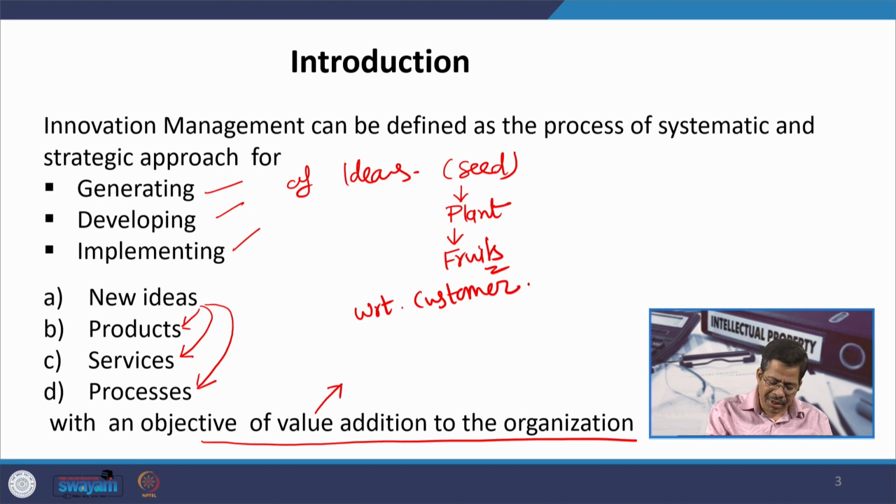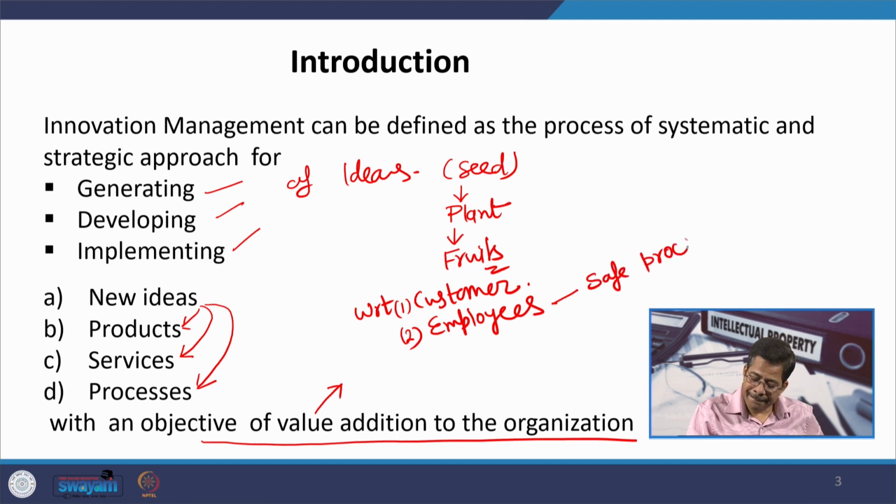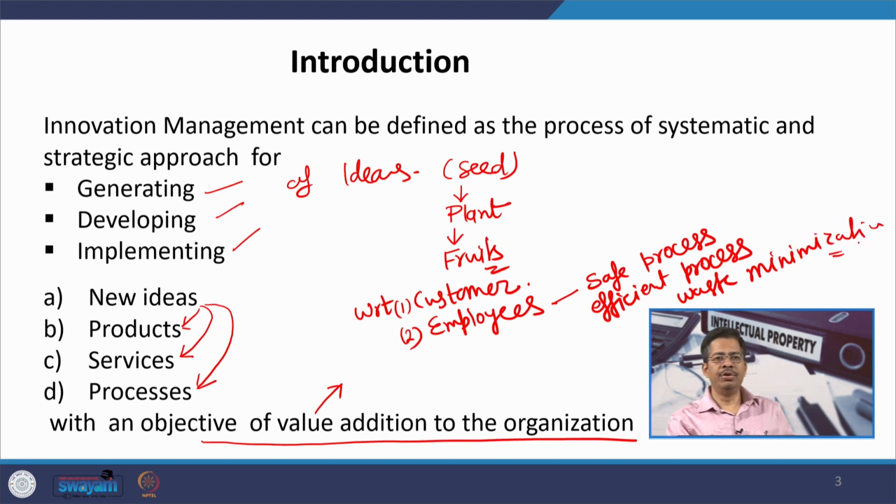The second level at which you can understand the value is the organization itself, the employees, whether these things are making my processes safe, efficient, with waste minimization in the process, etc., etc. So, you can see from the employees' point of view also.